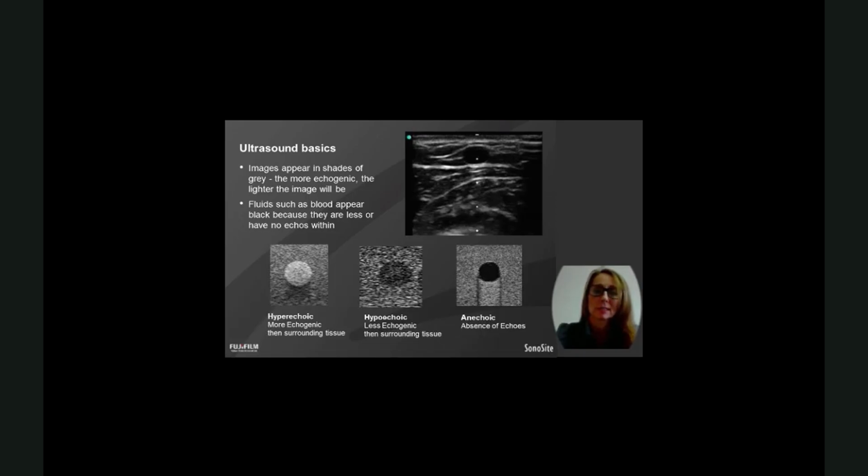That would be your denser things like bone, fascia, and then the stuff that's less echogenic would be things like muscle. And then anechoic would be things like fluid, particularly blood, edema. That would give an almost black appearance. And you can see here there's an image of a vessel, and you can see the actual blood in the vessel is almost black.